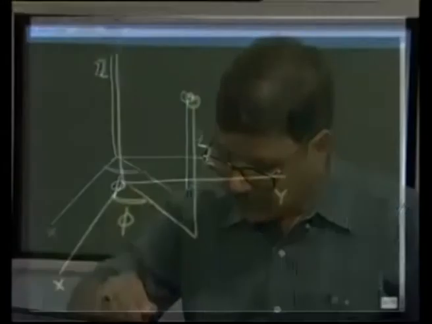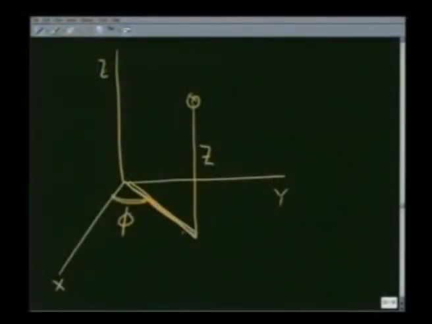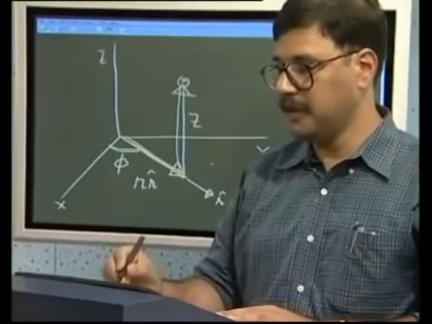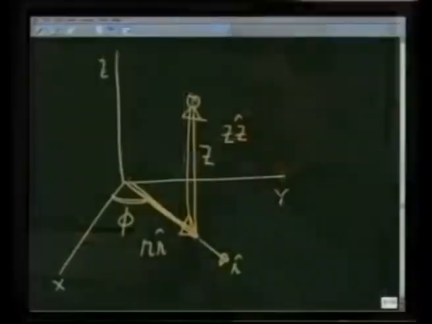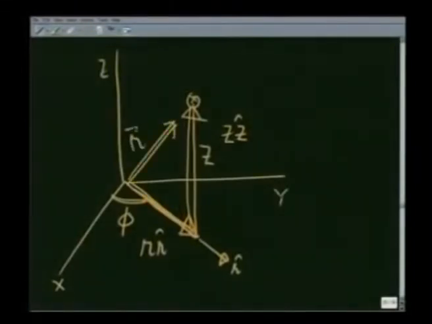So, this vector here is nothing but r, where unit vector r is in this direction in the xy plane, and this vector is nothing but z unit vector, and therefore, the position vector r is given as r plus z. The phi unit vector is again at the xy plane, perpendicular to r and perpendicular to z, like this.